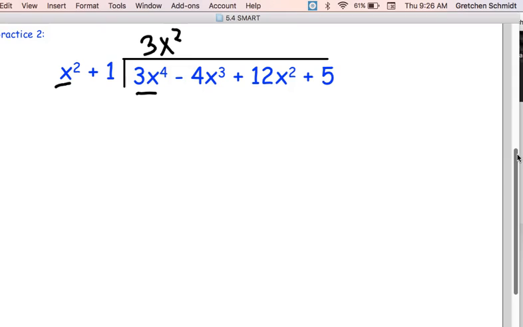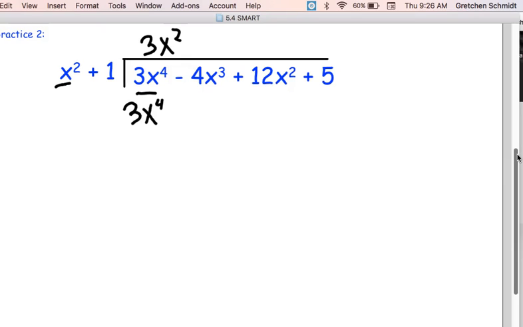So it's kind of nice. The number, pretty much whatever you would multiply by, the exponent, you just subtract them. That 3x squared needs to multiply down. So what's 3x times x squared? 3x. And now what's 3x squared times 1? 3x squared. This is where you have to be careful with division.